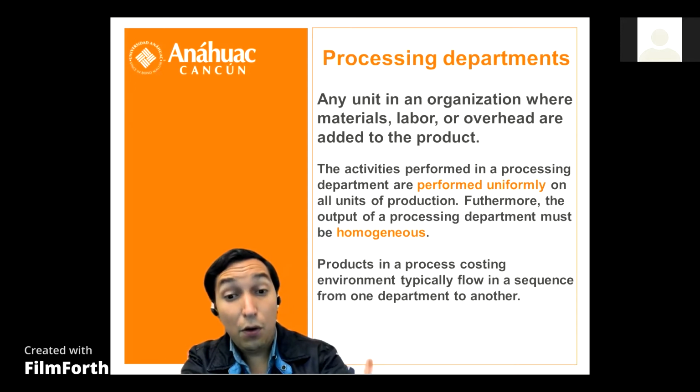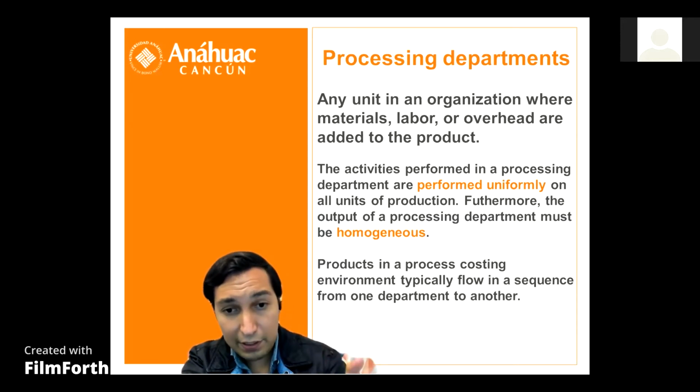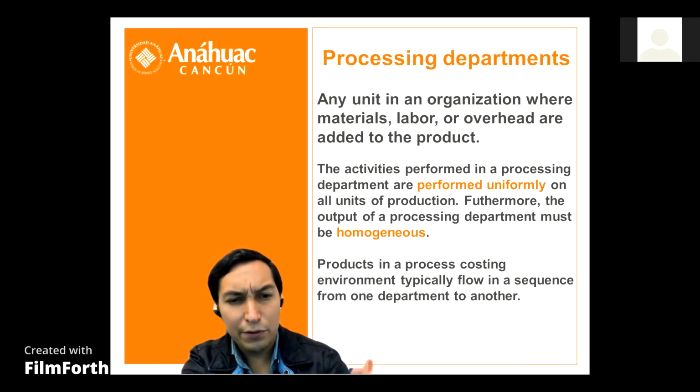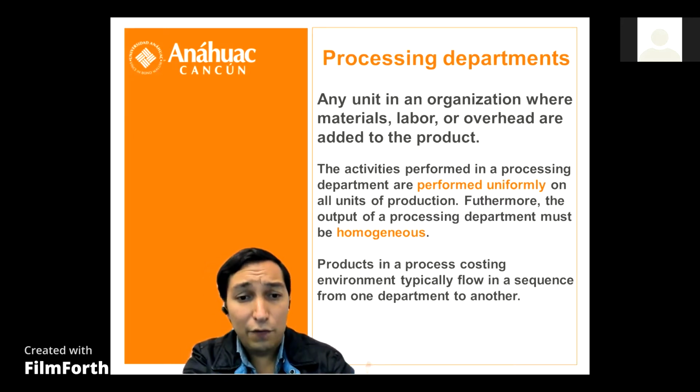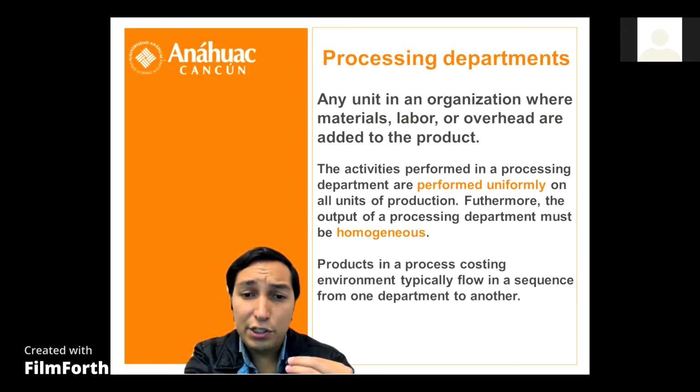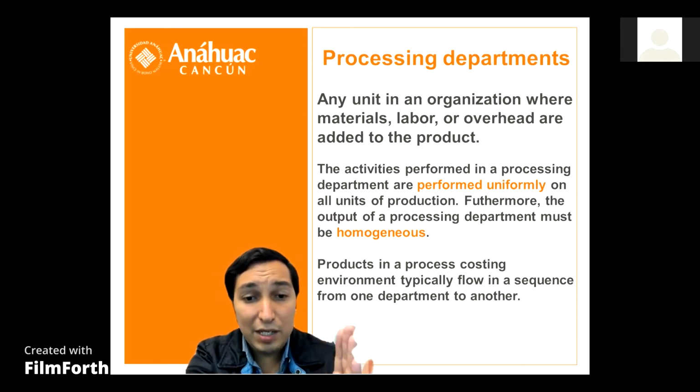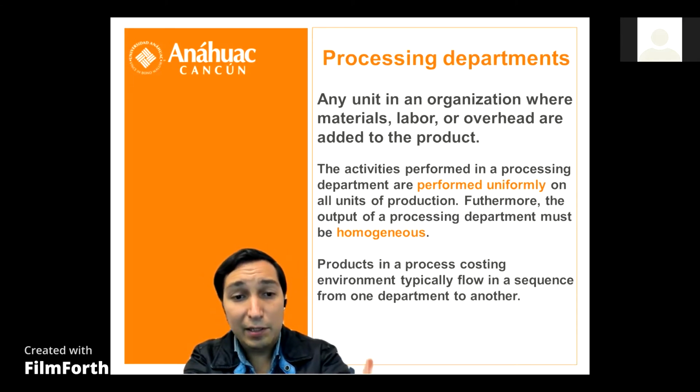So all units that go in receive the same treatment, performed uniformly on those units. The output of a processing department must be homogeneous. So all of the units going out of a department must be the same. And products in a process costing environment typically flow in a sequence from one department to another.